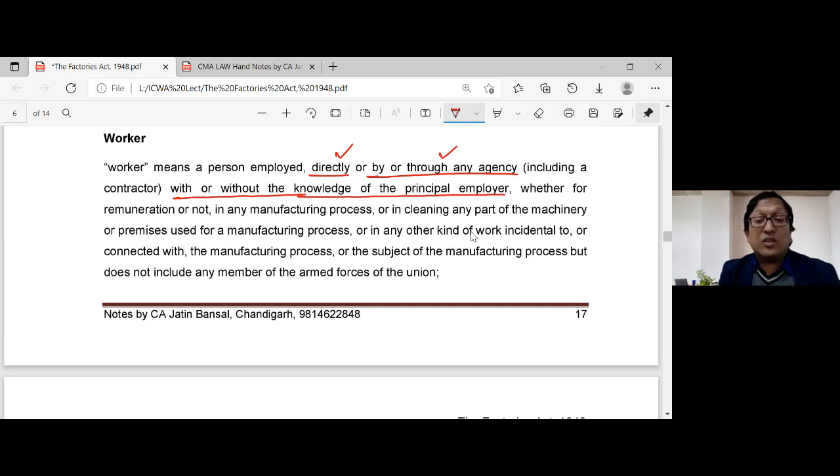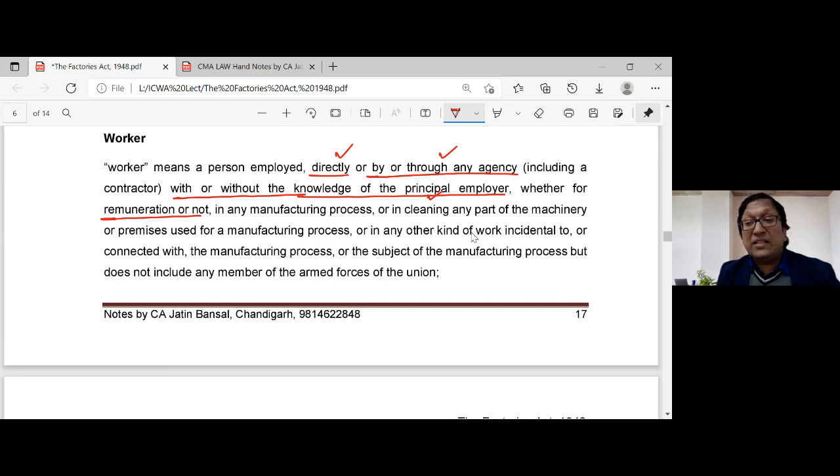And whether for remuneration or not: say an accident has happened in the factory due to lack of safety conditions, and the employer says that person was not our worker because we have not paid anything to him till now.